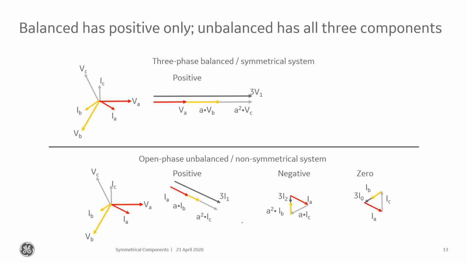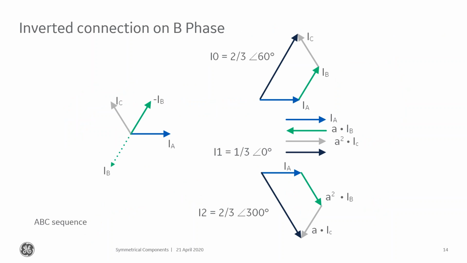All right. So let's look at what some of this means on some different conditions. The condition that I'm showing right now is an inverted phase. And there is one power system phenomenon that will create an inverted phase. It is a wiring error.